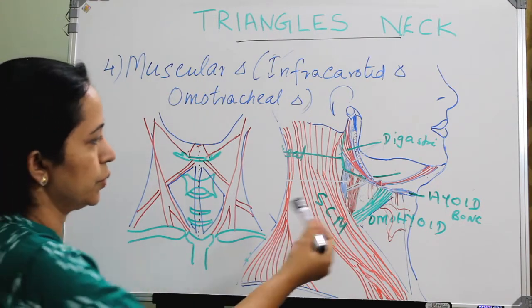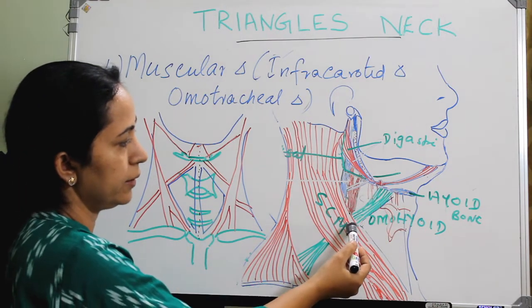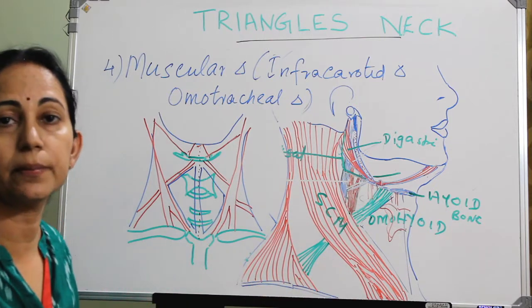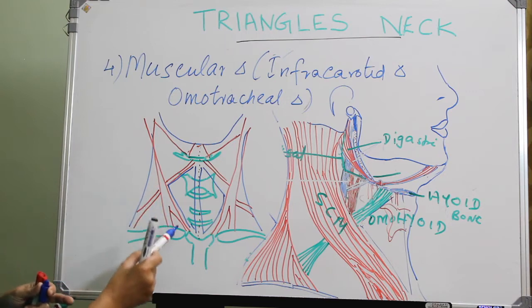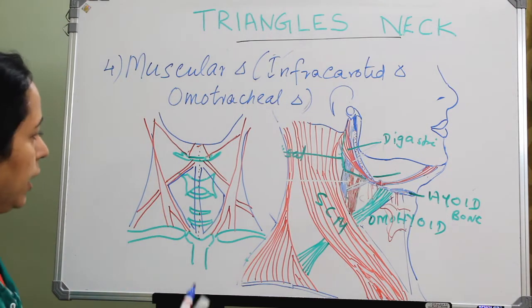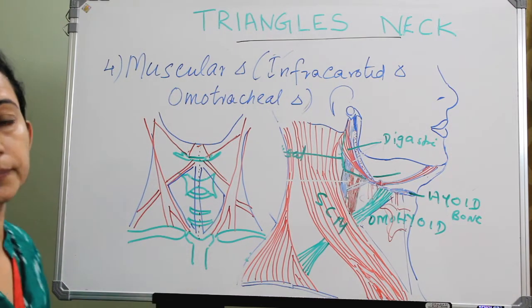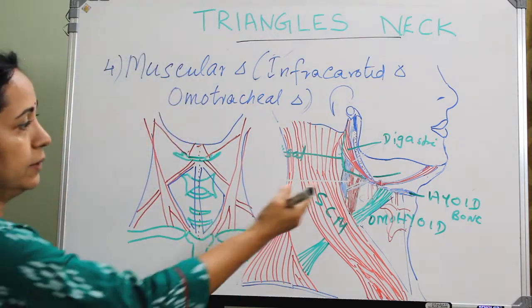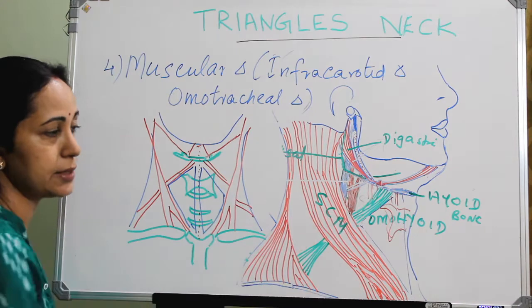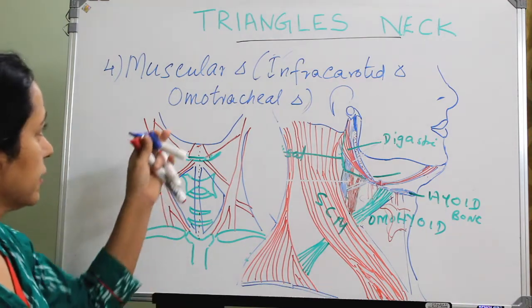Supralaterally there is the omohyoid, the superior belly of omohyoid, and infralaterally here comes the sternocleidomastoid muscle. And this is the midline. So midline with the omohyoid superior belly and sternocleidomastoid comes the muscular triangle.